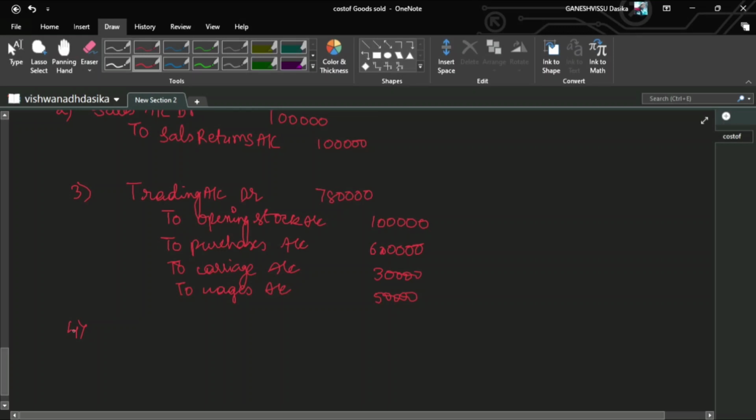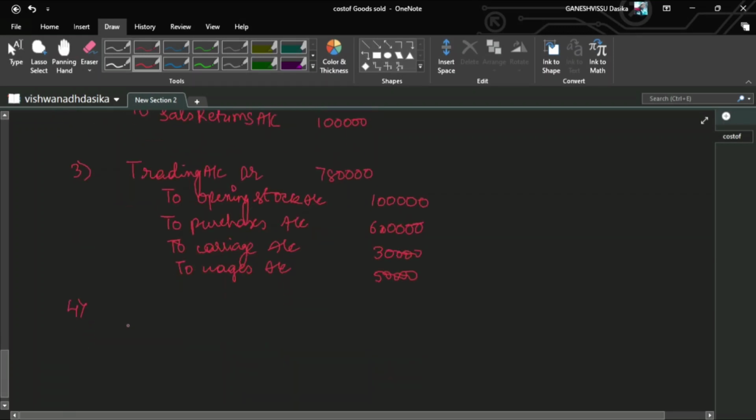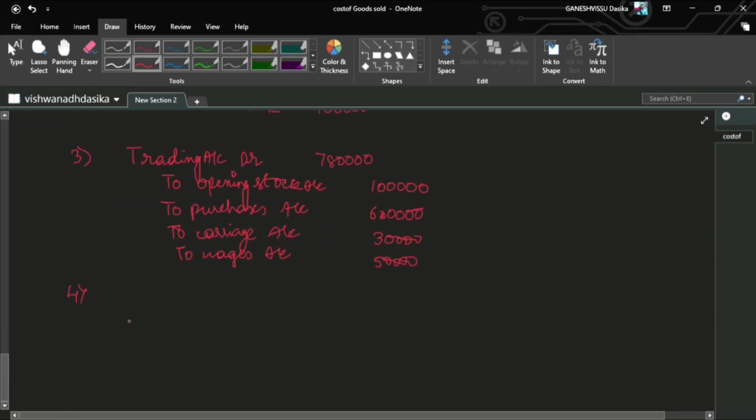And now the sales and closing stock are credited to trading account. To trading account.